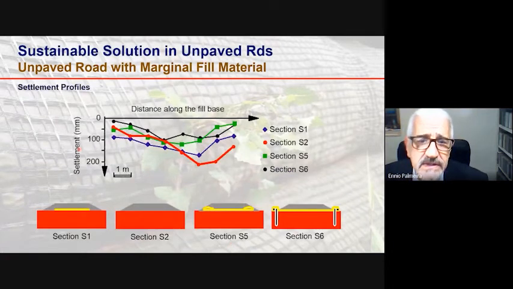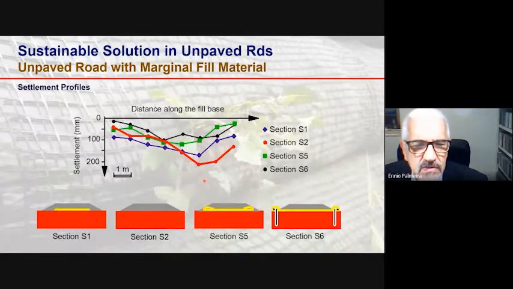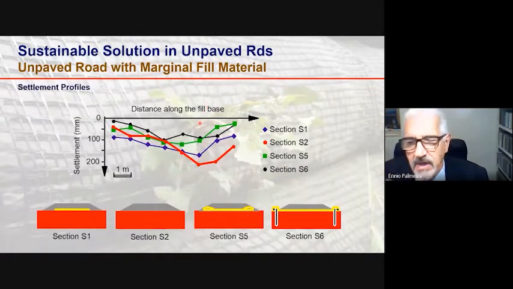So here you see some results in terms of settlement profiles in different experimental sections, where the red curve is the result for the reference section, where you can see a significant settlement here, which was actually a bearing capacity failure under the wheel of the trucks.